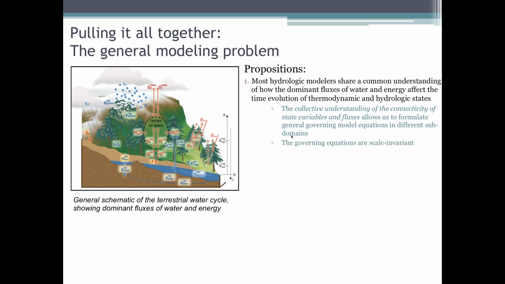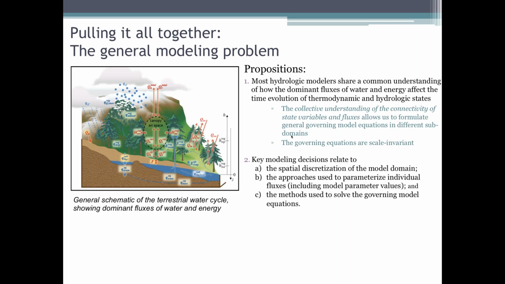These governing equations, conservation of mass, conservation of energy, are scale invariant. And thus the key modeling decisions wherein people doing modeling disagree relate to the spatial discretization of the model domain. For example, are you going to do a lumped model over your entire basin? Do you want different grid cells everywhere? The approaches used to parameterize individual fluxes. How do you think that water percolates through the snowpack?